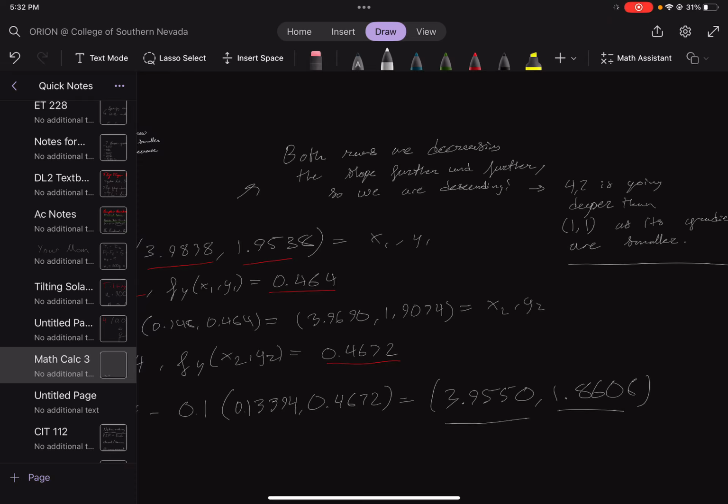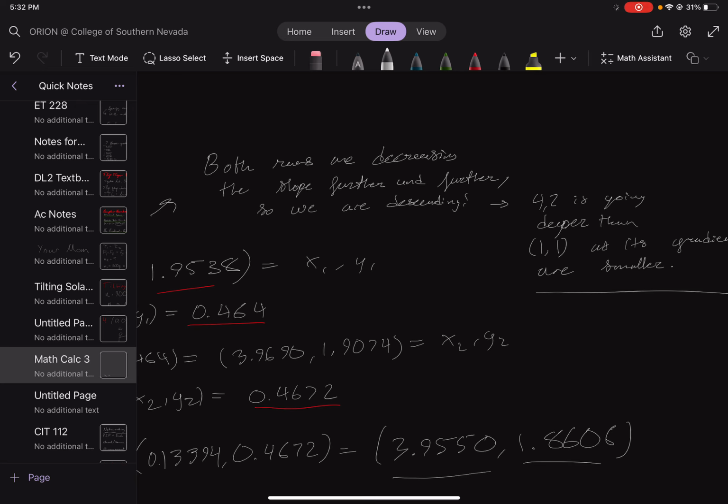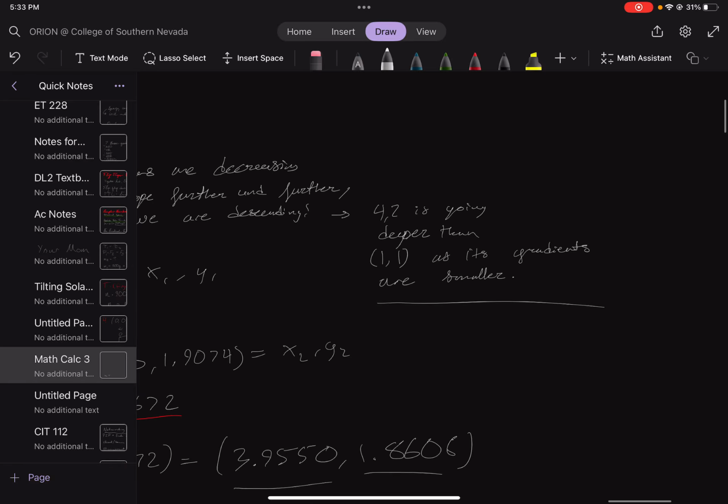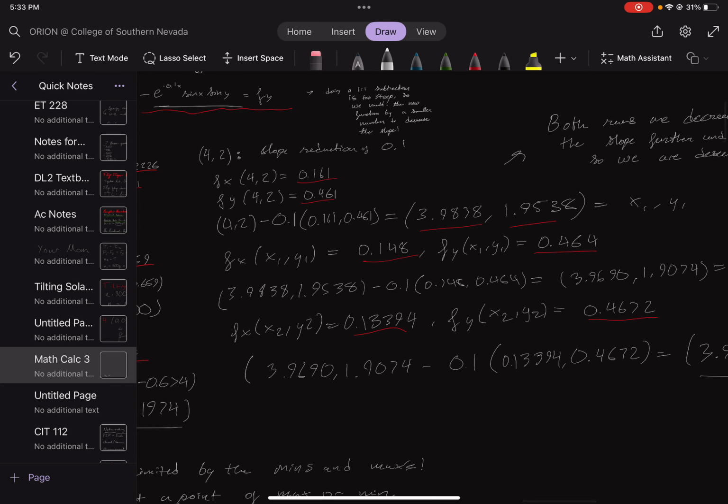So basically, the thing that I noticed is that both of the gradients are decreasing. Both rates are decreasing in the slope further and further, so we are descending. And 4,2 is going a little bit deeper, I guess, as its gradients are a little bit smaller. They're a little more shallow, so basically it's approaching a different spot in the 3D graph.